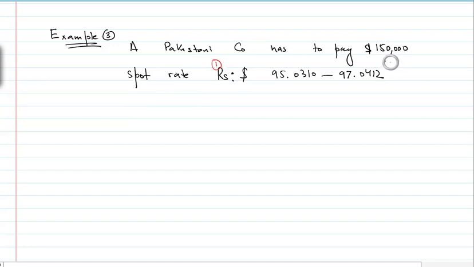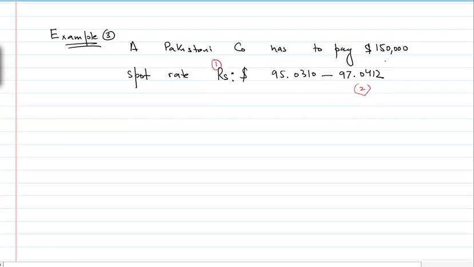We are going to give the bank rupees to buy dollars and then make the payment to our suppliers, for example. So if we have to sell rupees to buy dollars and then make the payment, and rupees is the quote currency, we are selling the quote currency.